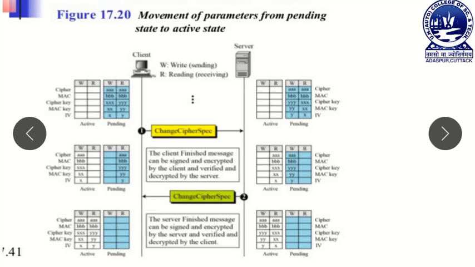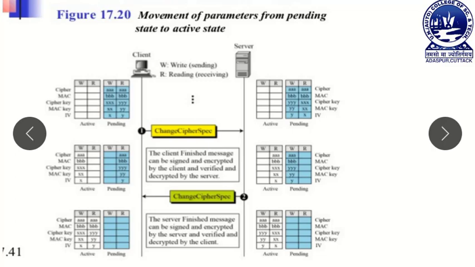Then next, the server sends a change cipher spec message after receiving the finished message from the client. When the server sends this change cipher spec message, the write outbound parameters from the pending state are moved to the active state.